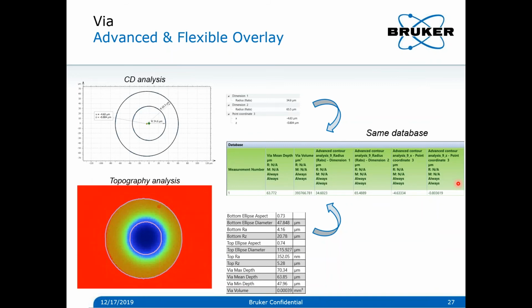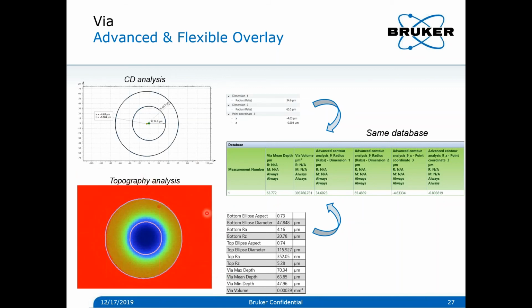And the last application for back-end processes checking is really the via with the overlay. So we have developed an analytical tool called Vision Map that works together with our standard software.